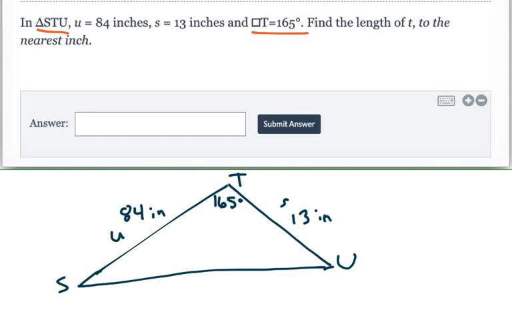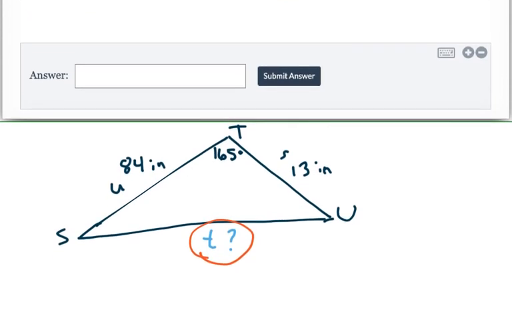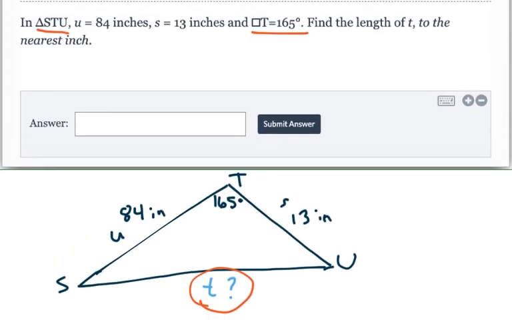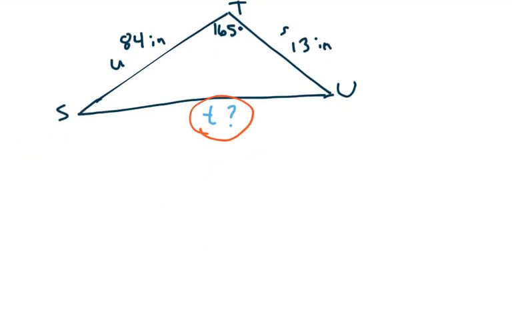From here, we have lowercase t, and that is unknown. This is what we're going to try to solve for in this problem. So, in this case, find the length of t to the nearest inch. Let's go ahead and do that.